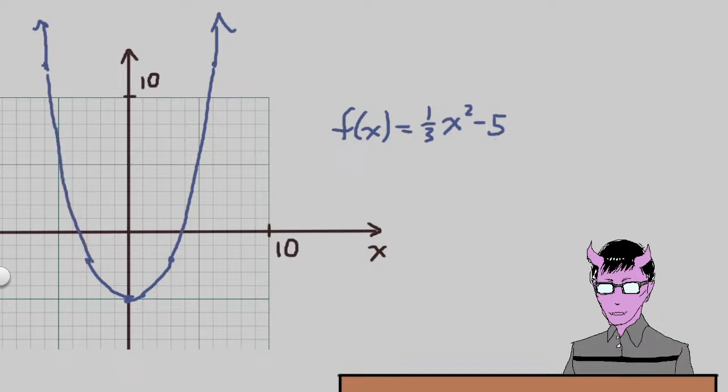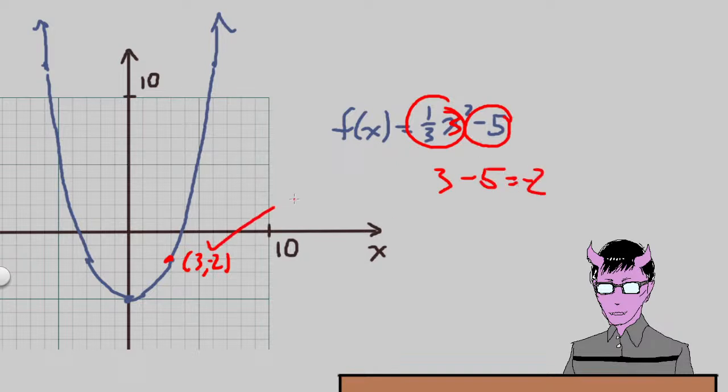There you go, and then you're done with your graph. Test your graphical hypothesis. This is positive 3, negative 2. Let's verify that real quick. 3 squared is 9, 1/3 of 9 is 3, 3 minus 5 is negative 2. Graphical hypothesis is supported. We have great confidence it is correct.